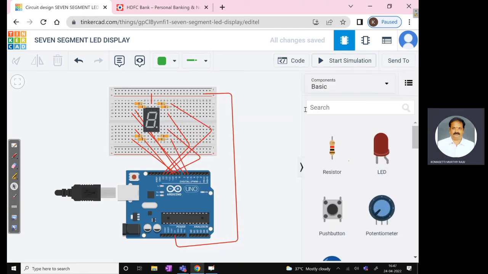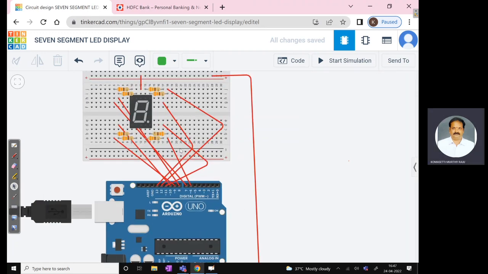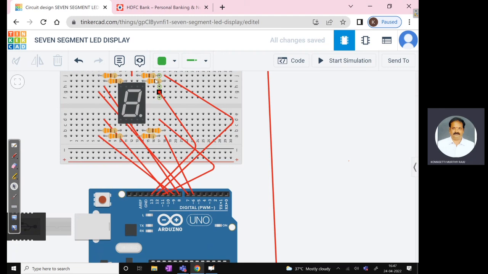Next, these are the connections. These are A, B, C, D, E, F, G, and the DP also.